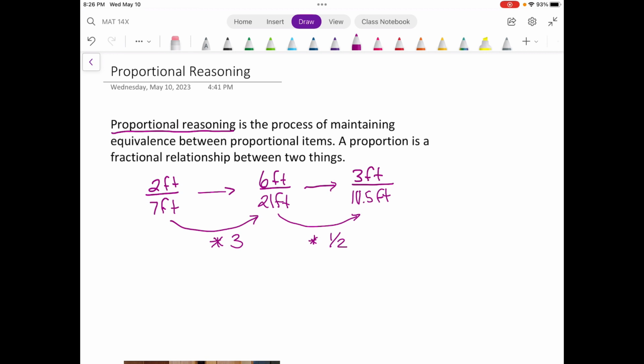Now, when we look at it within figures and we talk about maintaining that proportionality, we're taking an object and maintaining the same shape, but a different size.